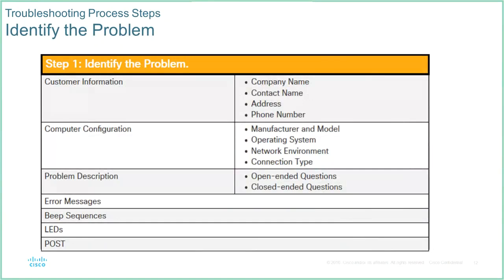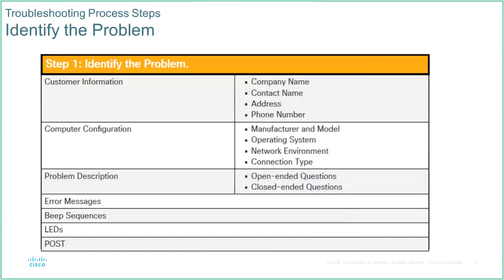So some of the things documentation wise that you need to look at is doing the paperwork. Especially if you're on call and visiting clients, you need to have their customer information here.